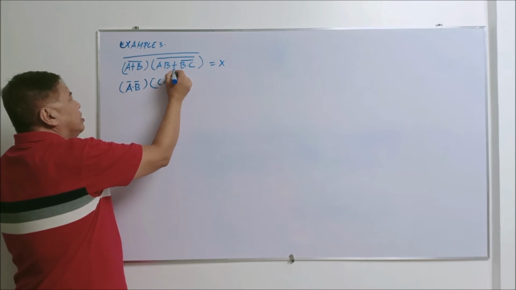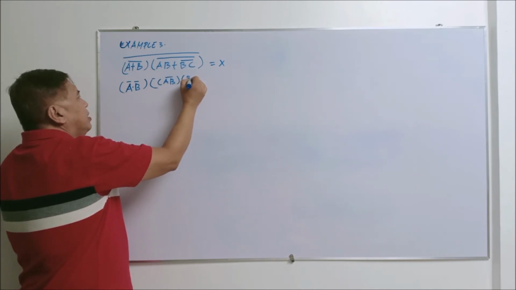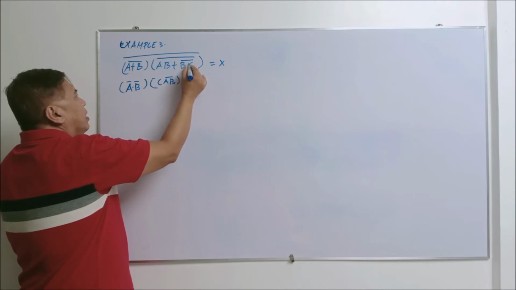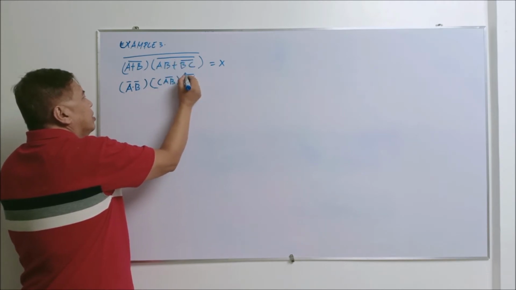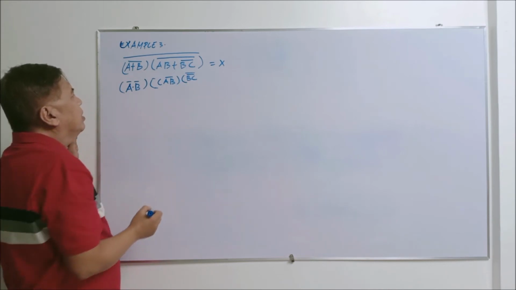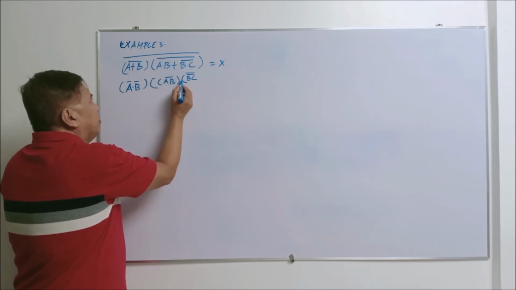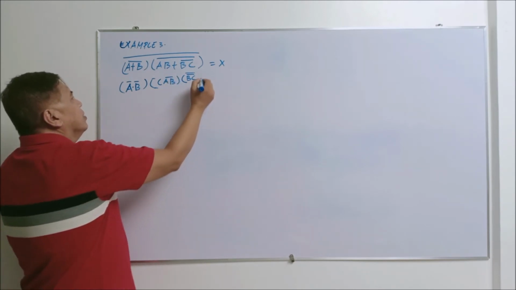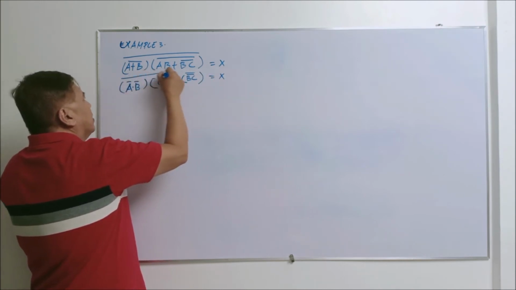Then this plus sign is changed to a multiplication sign. Then you have BC complement, and since it is De Morganized, it becomes a double complement because the sign is already changed from addition to multiplication. Okay? So is equal to X, then complement.